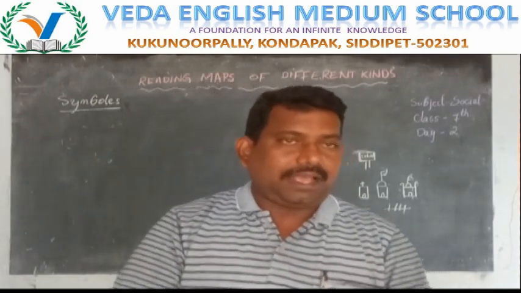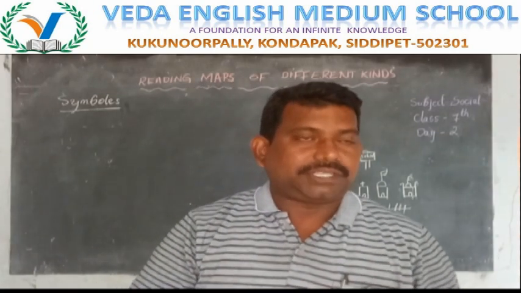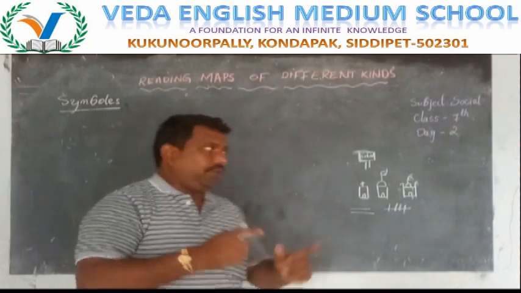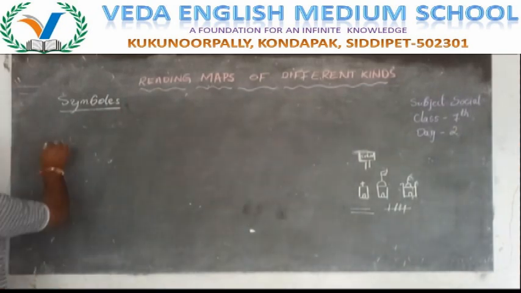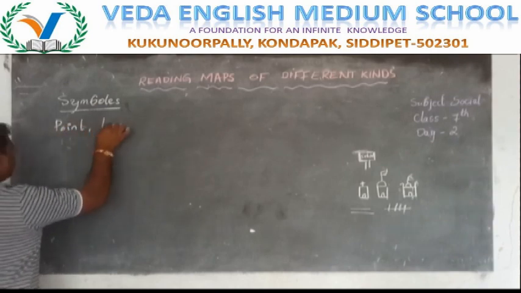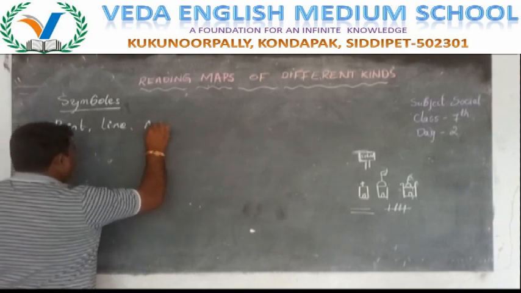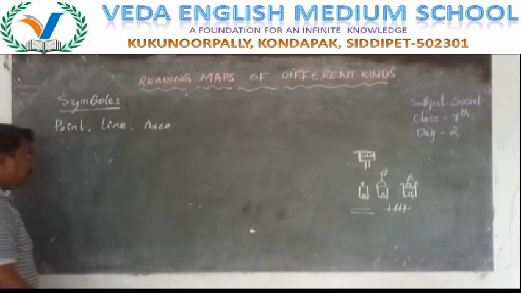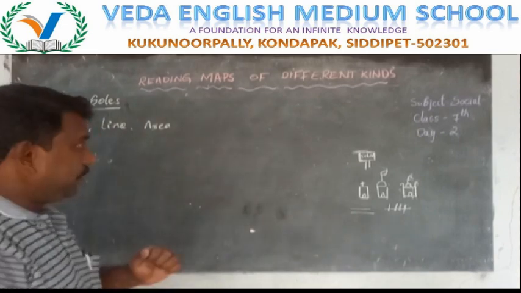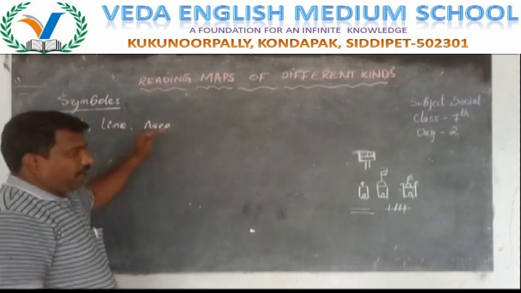In this class, in 7th class, we learn the symbols about point, line, area. What are those? Point, line, area. Understand, children?